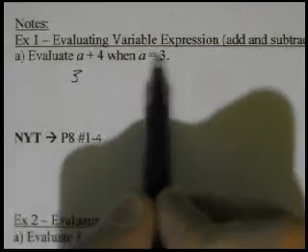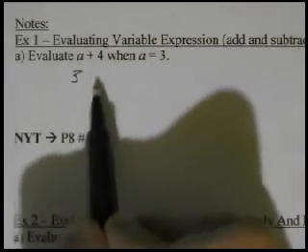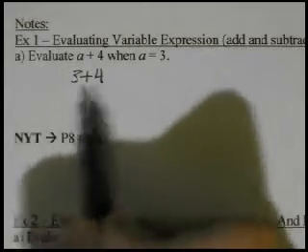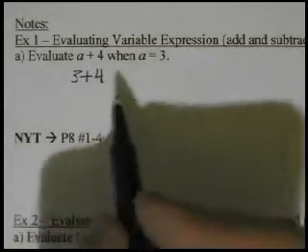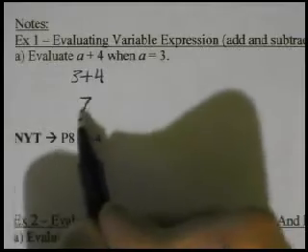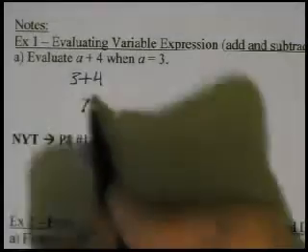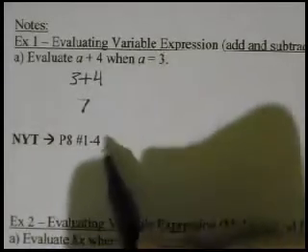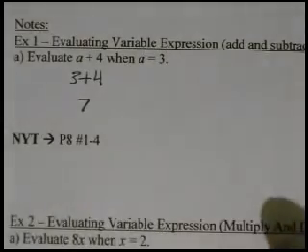Since those two things are considered equal, 3 is the same as a, plus 4. Now we know how to do that problem. 3 plus 4 gives us 7. And right there, we're done. We evaluated a plus 4 when a equals 3. We got an answer of 7.